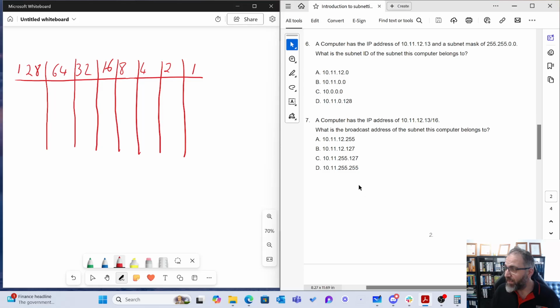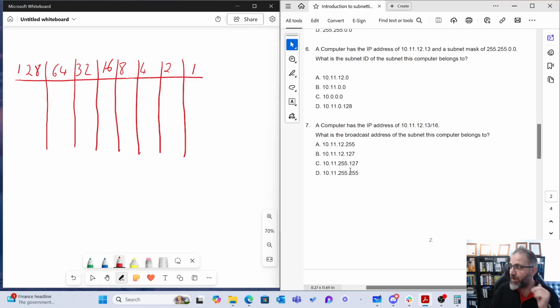Now it gets interesting. Now this is fascinating. A computer has IP address 10.11.12.13/16. What on earth is that? What's 16? Then what's the subnet for that?